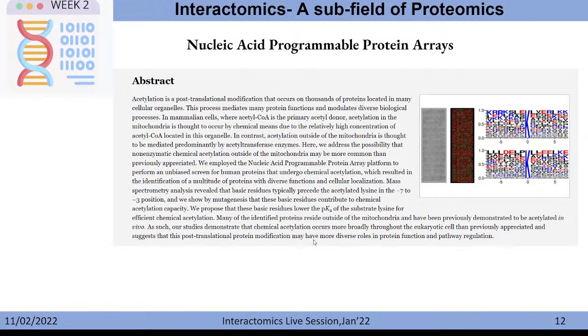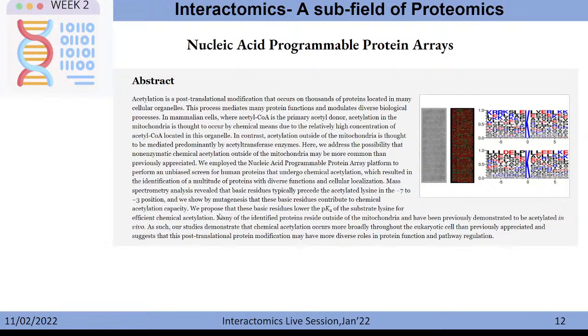So they used the arrays to screen human proteins and identify those that have undergone chemical acetylation, with diverse functions and cellular localization.